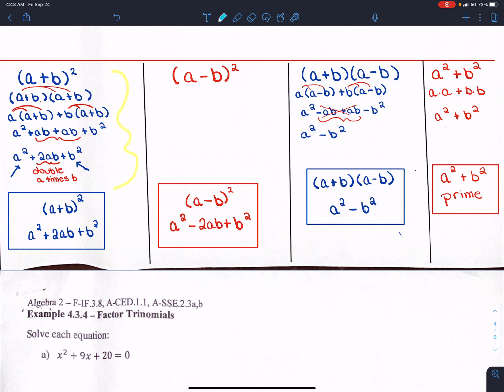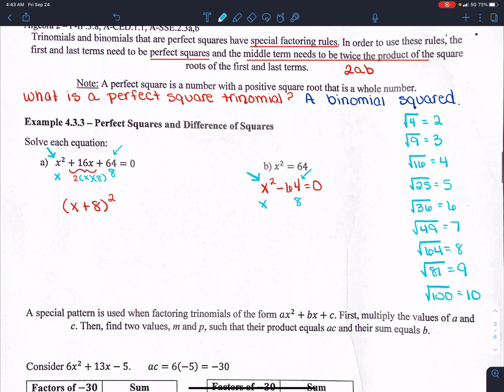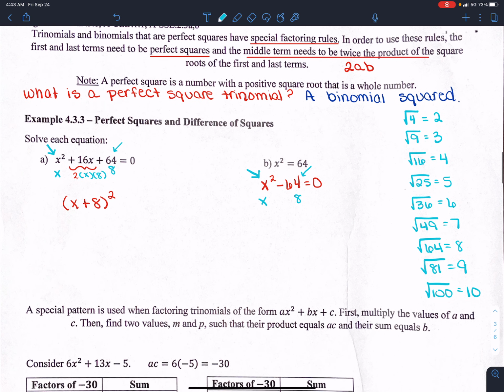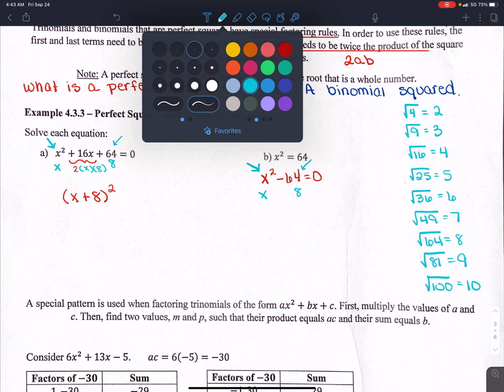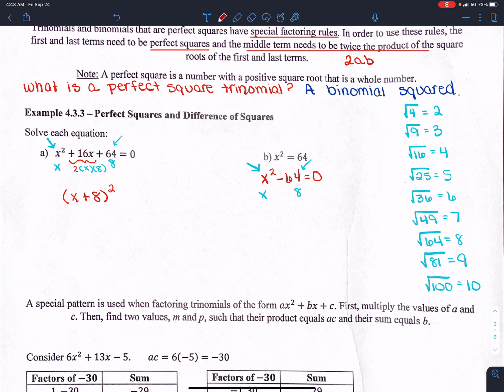I know ours doesn't have a middle term. So let's get back to that. On this one we are going to have x minus 8 and x plus 8.